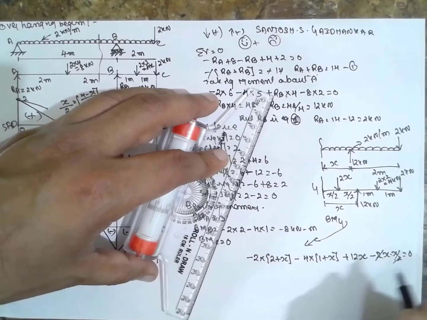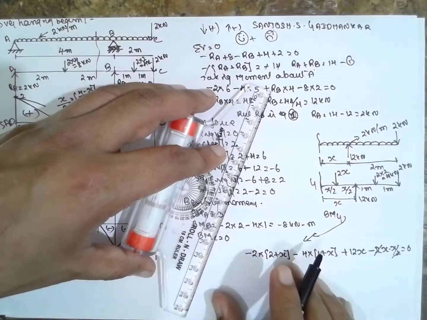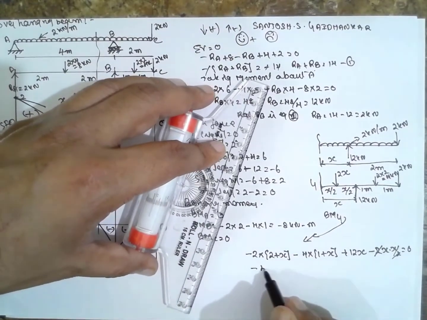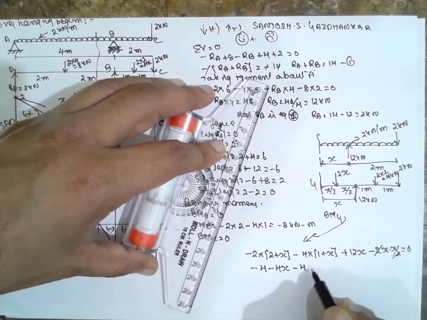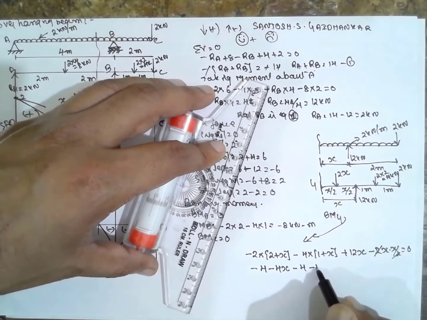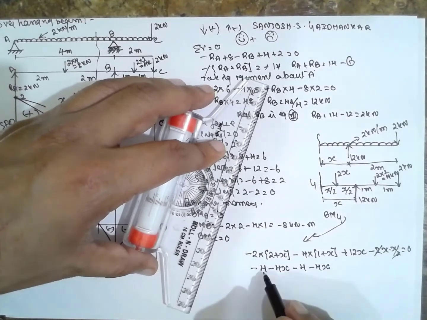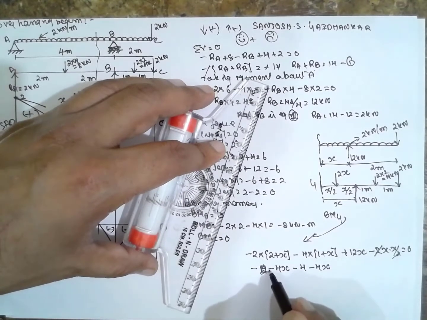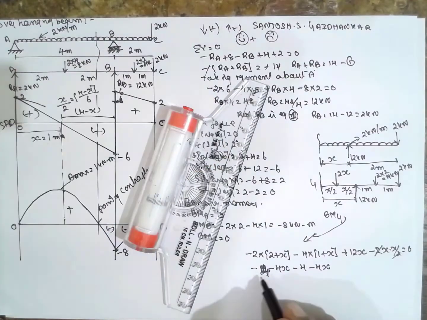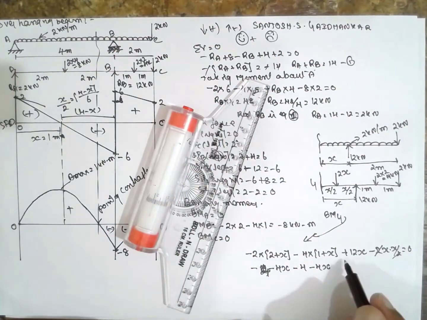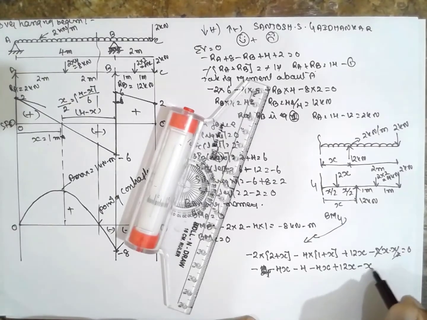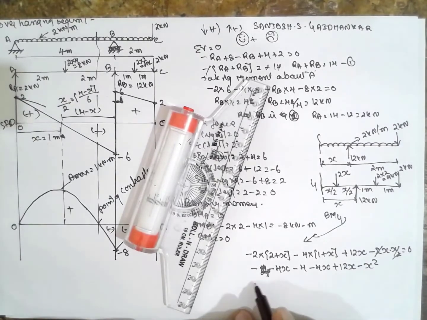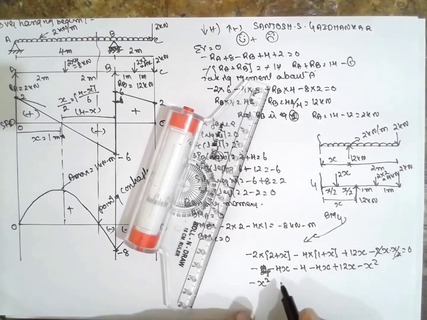2 gets cancelled here. Calculate further. Minus 4 minus 4x, minus 4 minus 4x, minus 4 minus 4x plus 12x minus x square. I will write x square as it is.